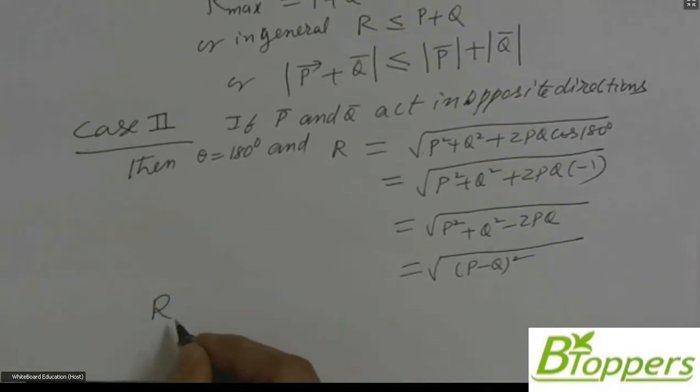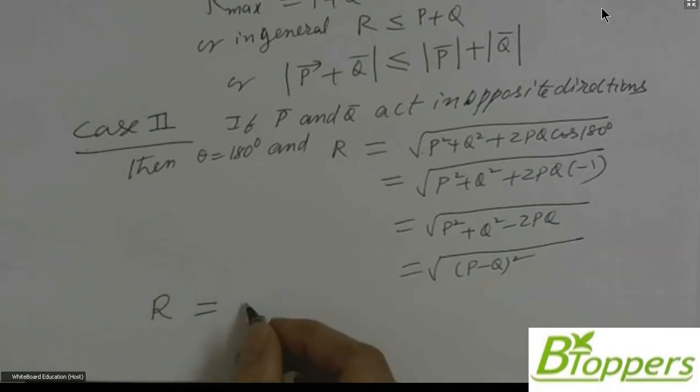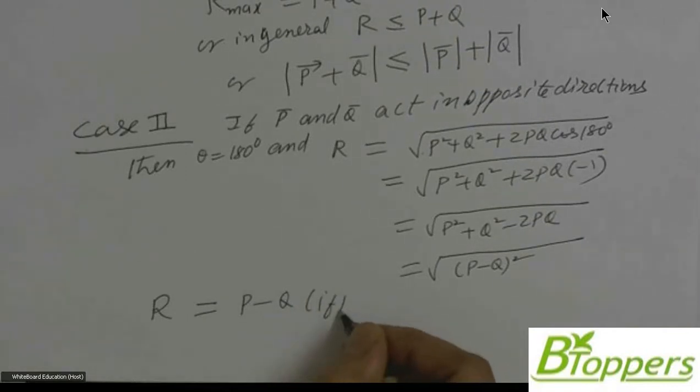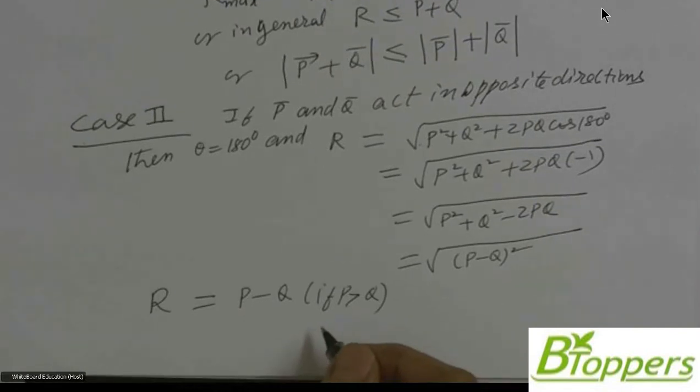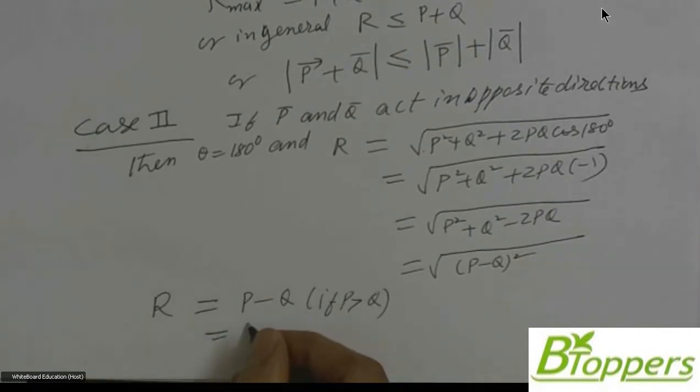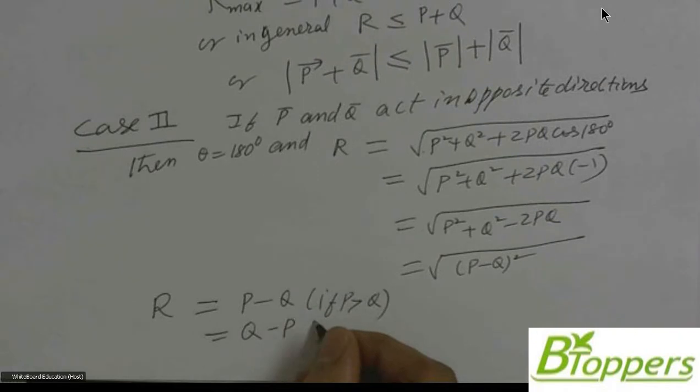So that means magnitude of the resultant, if the two vectors P bar and Q bar act in opposite direction, can be written as P minus Q if P is greater than Q. Remember that the modulus of a vector cannot be negative. So the modulus or magnitude of the resultant vector cannot be negative. So R can be written as Q minus P if Q is greater than P.